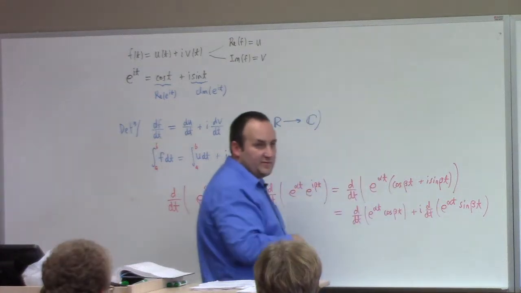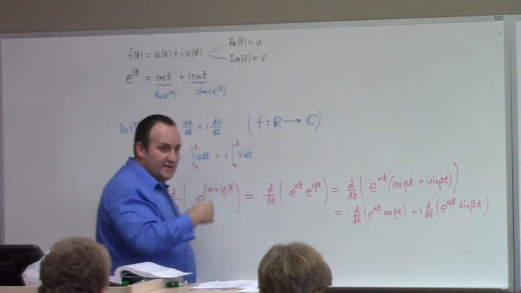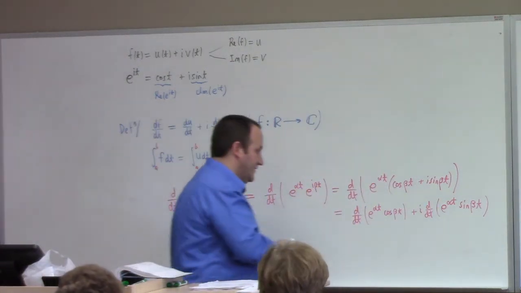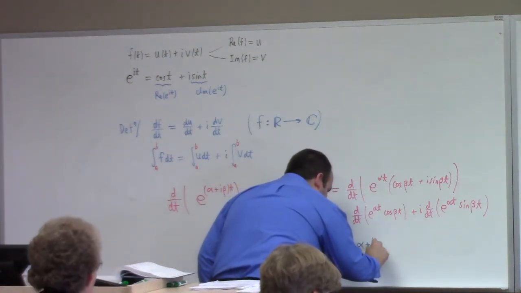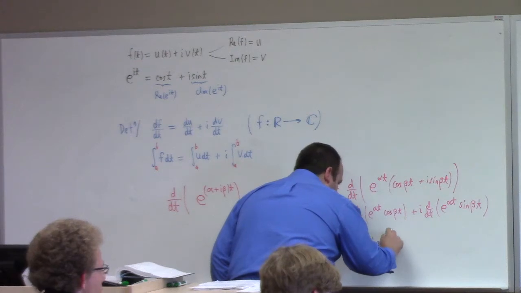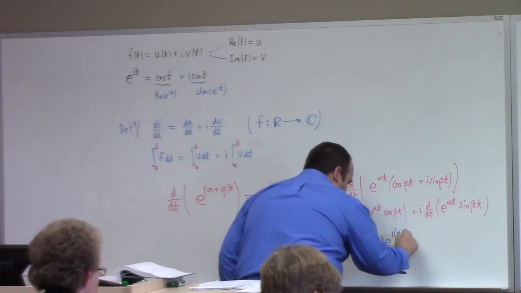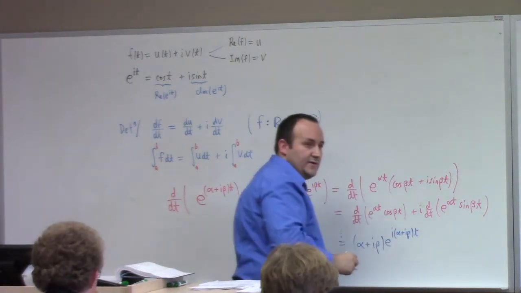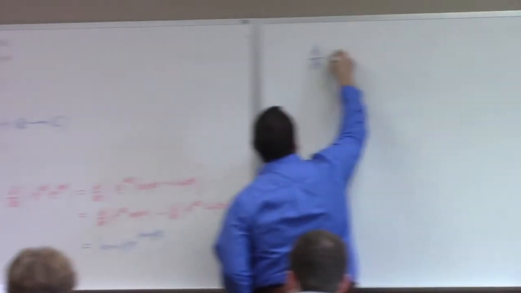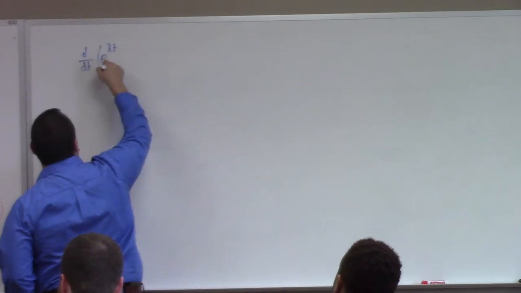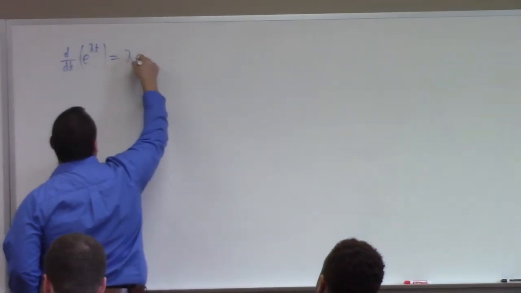There are chain rules all over the place, with alphas and betas flying around. After a little bit, you get alpha plus i beta times e to the alpha plus i beta t. In other words, we have the following simple identity: the derivative with respect to time of e to the lambda t, for complex lambda, is just lambda e to the lambda t.